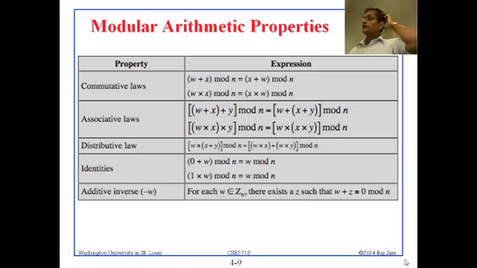What is distributive? Associative requires 3 parameters. Distributive requires 2 operations. Right? So you distinguish between the operations and the parameters. And then commutative is basically 1 operation, 2 parameters. All right. So this is all. We already understand this. Any question about this?